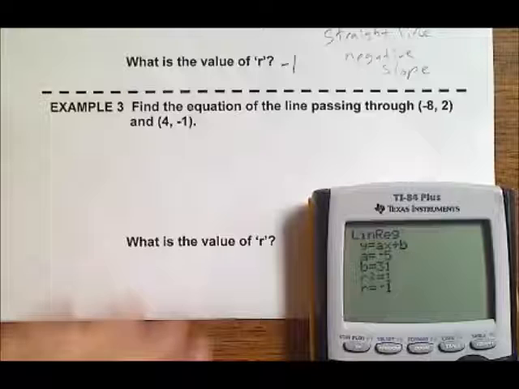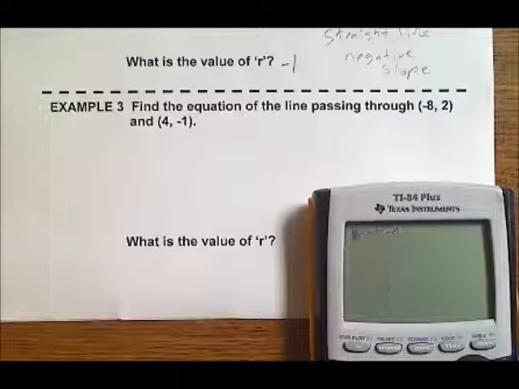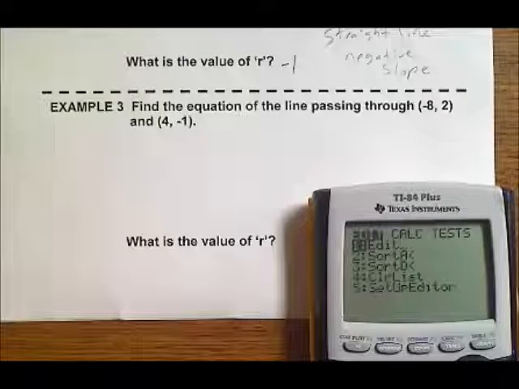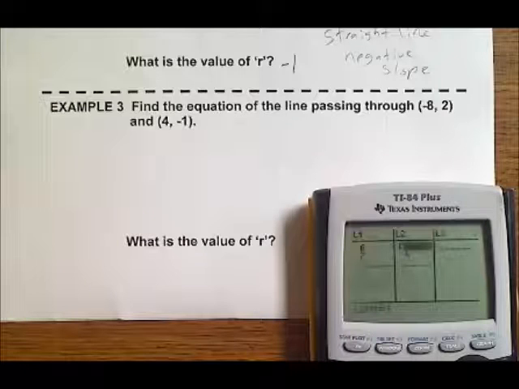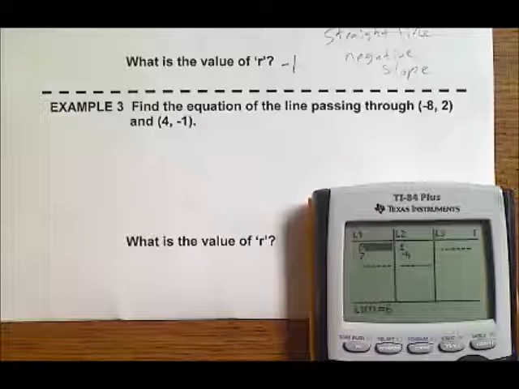So for example number 3, you should be able to do this on your own by now. So you may want to pause the video and go ahead and do this. You can always come back and check your answer, see if it was right.